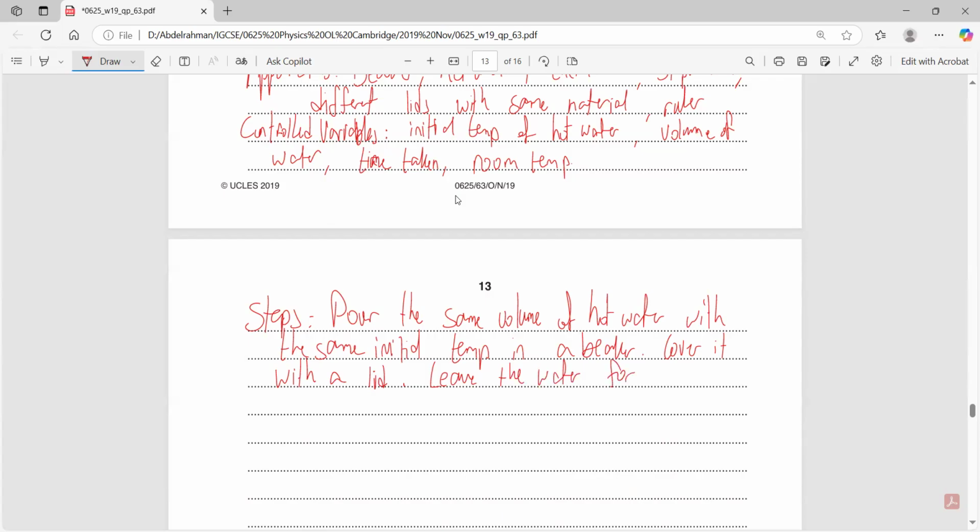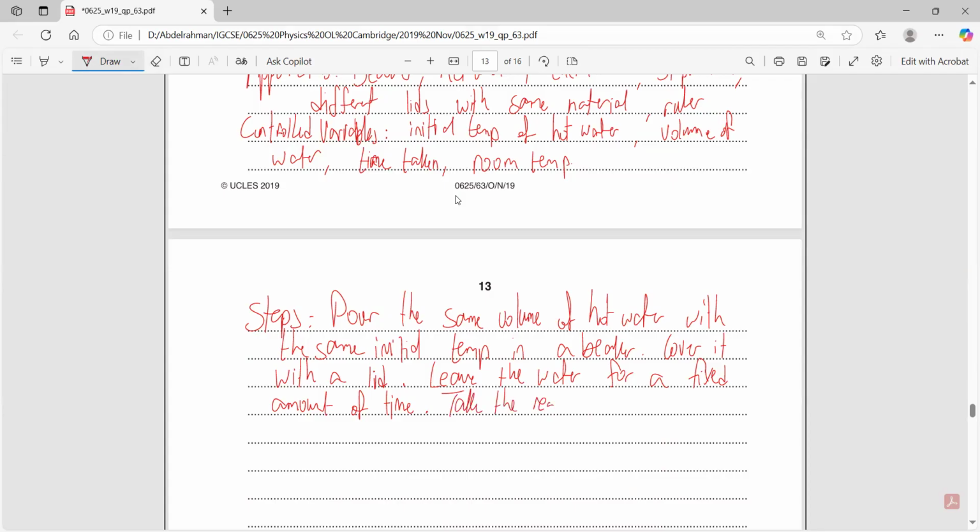Leave the water for a fixed amount of time. When you leave it for a fixed amount of time, take the reading of the final temperature.